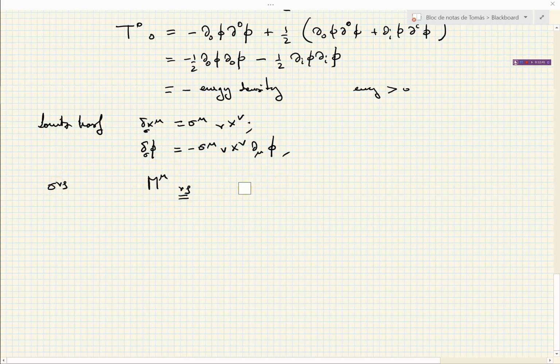Okay, the interesting thing is that this object is also constructed from the energy momentum tensor. You just have to make the calculation as an exercise. Okay, it's given by this.